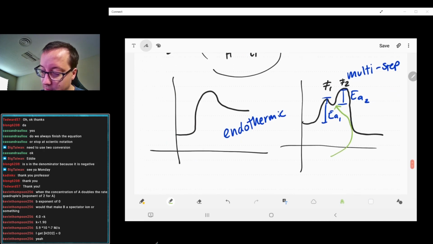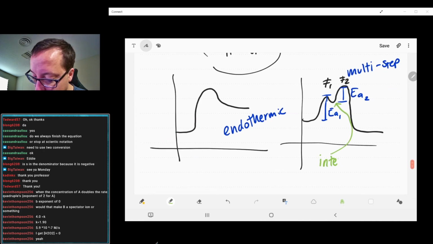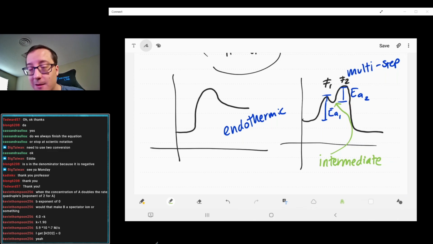You would be able to have something called an intermediate. And oftentimes you can actually isolate intermediates if you have a multi-step reaction. So if you give it enough energy to get through that first hump, but not enough energy to get over the second hump, then you can isolate an intermediate. So that's exciting. So you can figure out what's happening in between a reaction. Basically, you can see what's happening step by step.